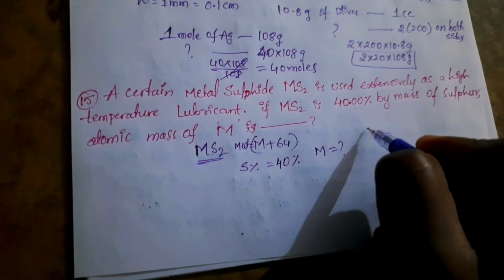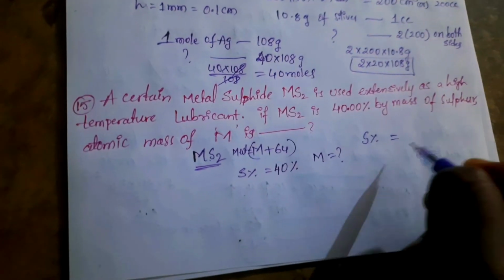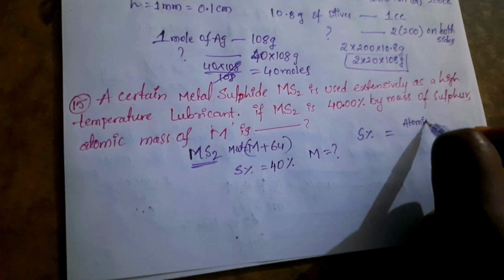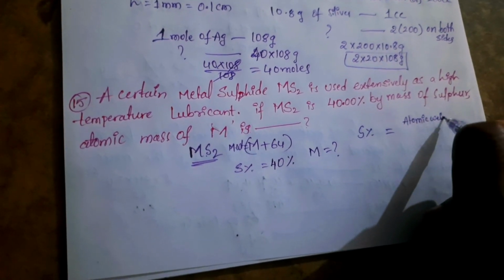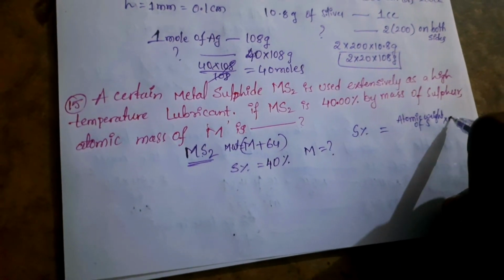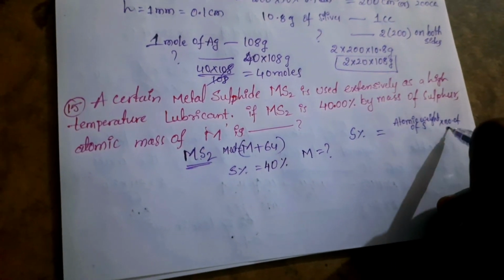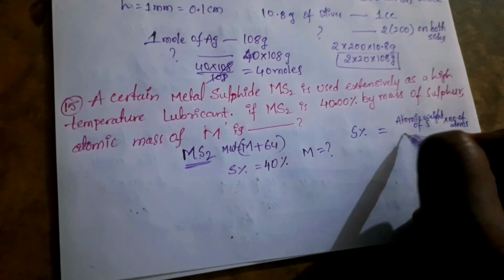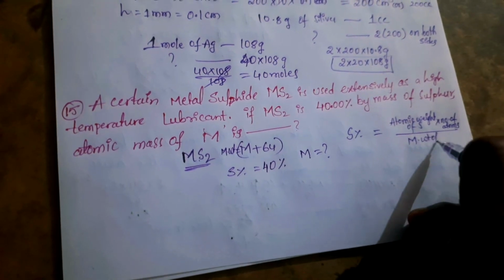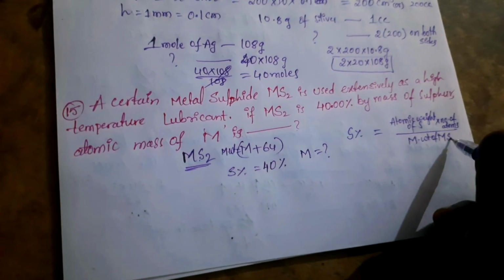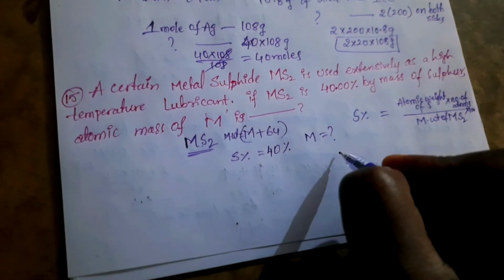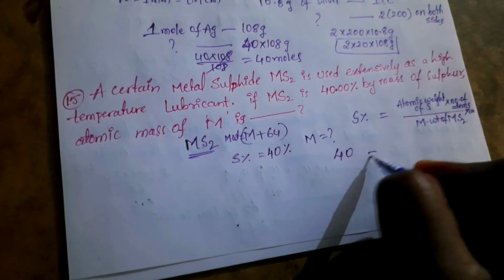How will you get it? Percentage of S is nothing but atomic weight of sulfur into number of atoms by molecular weight of MS2, into 100, that is the percentage. Now you see here, 40% of sulfur they have given.